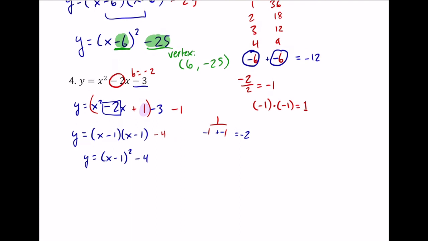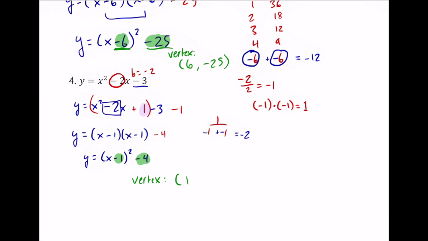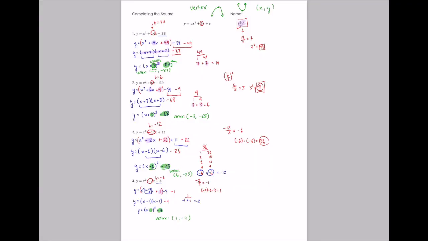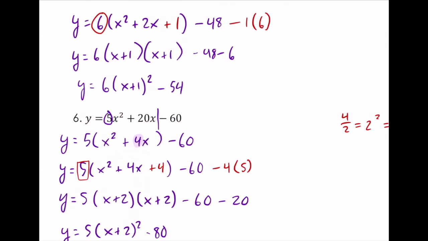Question 4, we have a negative 3 and a negative 4. So our vertex is going to be positive 3 and negative 4. Same thing with the ones we were doing earlier.